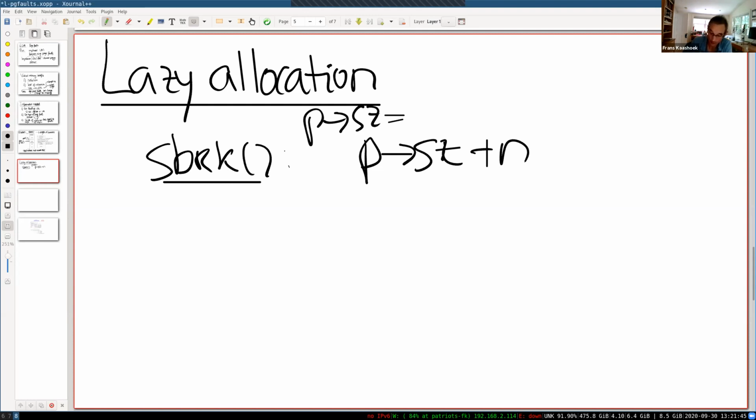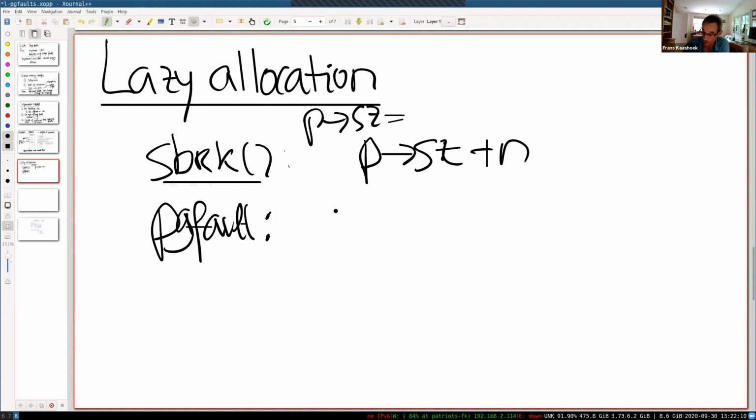And that will cause a page fault, right? Because we didn't map that memory into the page table yet. And so if we dereference a virtual address above p->sz but below p->sz plus n, what we'd like to happen is that the kernel will allocate a page and restart the instruction.